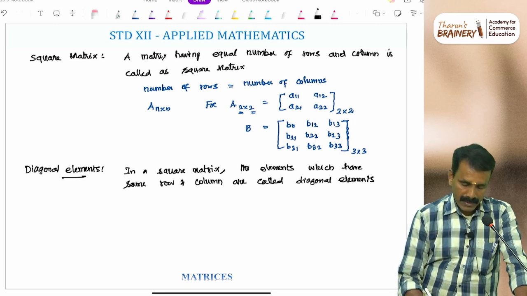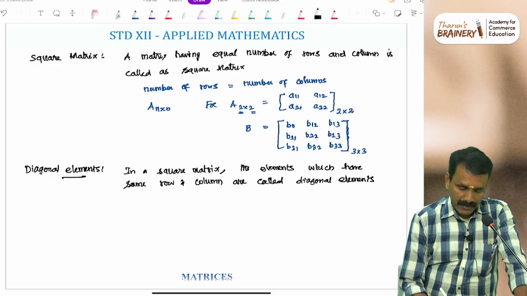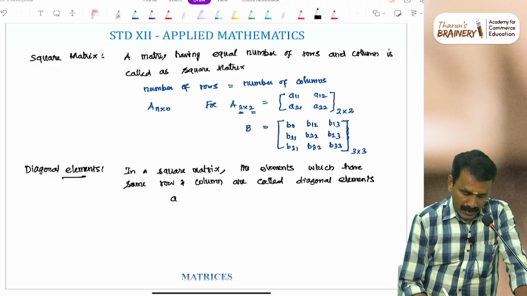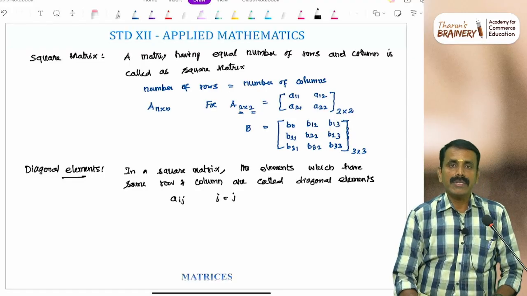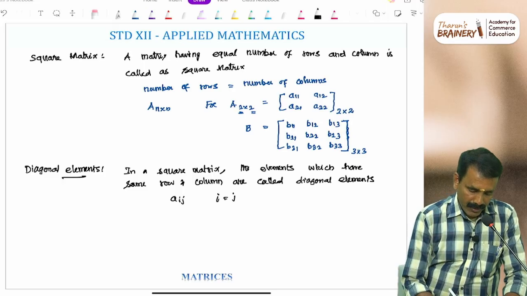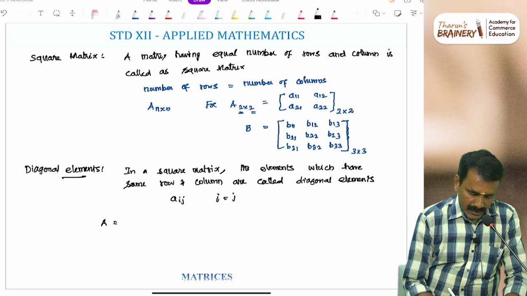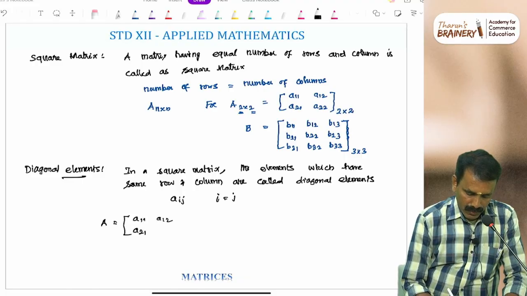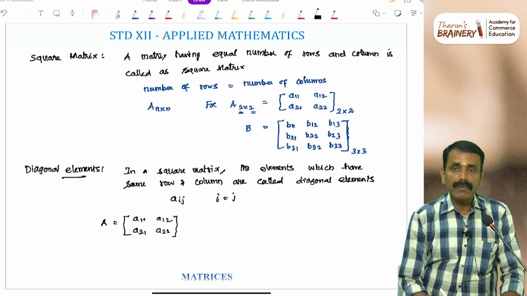That is, diagonal elements are nothing but A i j, where i should be equal to j. The i and j numbers should be the same. Is it clear? For example, if I have a square matrix of order 2 by 2, A11, A12, A21, A22, here we have 4 elements.